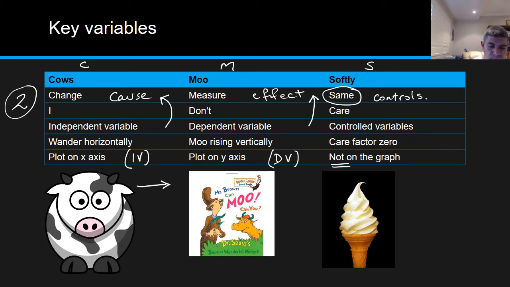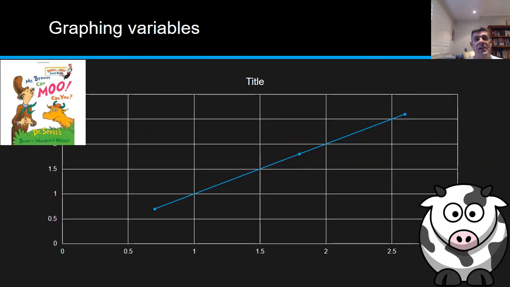Now we will spend a little bit more time looking at graphing in a separate video, but just so we remember that the independent variable is where the cows are moving horizontally, and the dependent variable is where the moo is rising vertically.